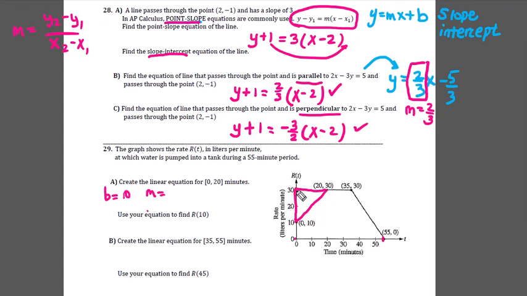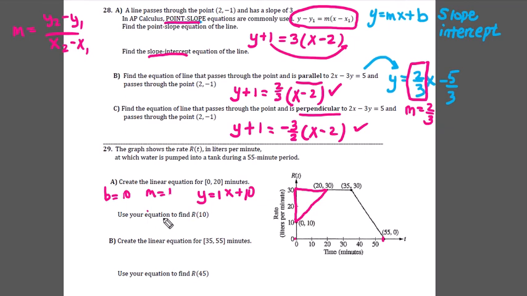So it's up 20 over 20. Your slope is 1. And then you've got it. y equals mx plus b, or 1x plus 10. So it's much easier to have this one in slope-intercept form than point slope for this particular problem. But point slope would also be acceptable.